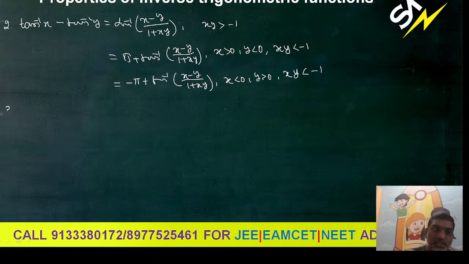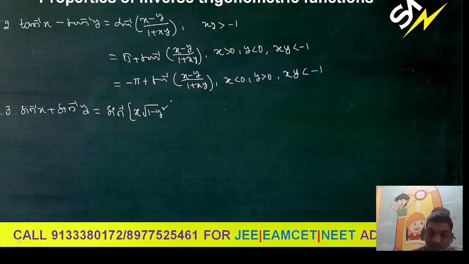Next, in the fourth set, the third formula is sin inverse of x plus sin inverse of y. What is this? Have you remembered sin of (a plus b)? Sin a cos b plus cos a sin b. Here also the same. It looks like sin inverse of x into under root of 1 minus y square plus y into under root of 1 minus x square.